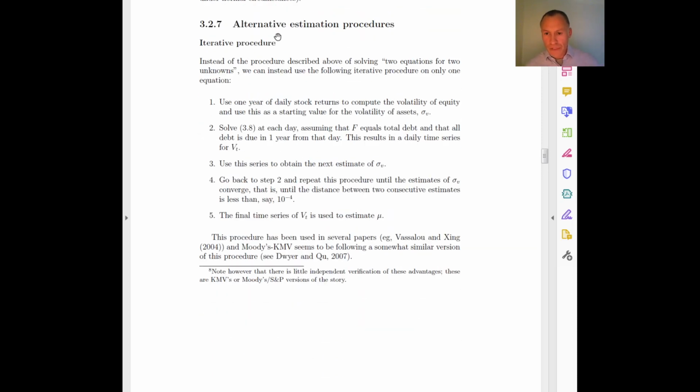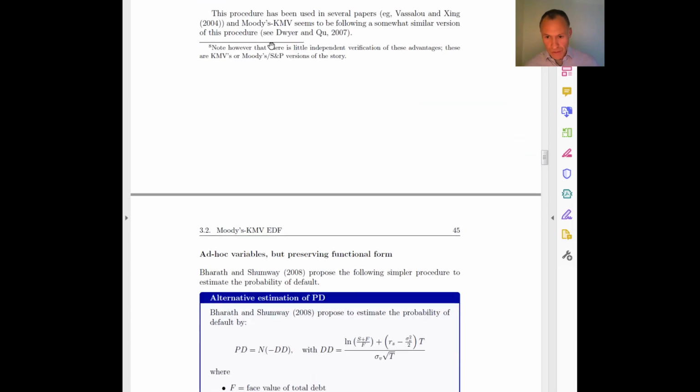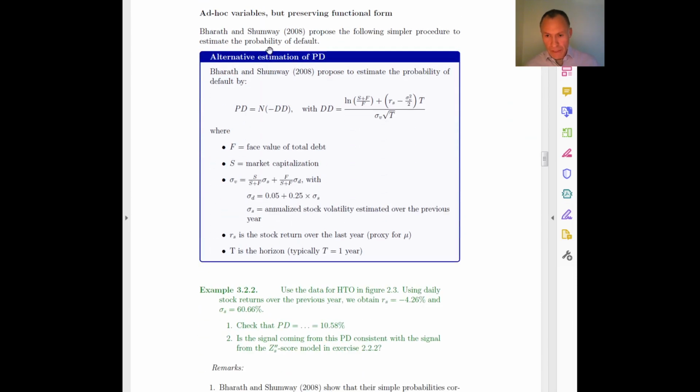All right, there is here an alternative estimation procedure. We're not going to go through this. This is an interesting note here, a bit of a side note. People have tried to get cheaper alternatives to the distance to default. So something that you can compute without having to go through all the mess of those complicated equations that KMV estimates.